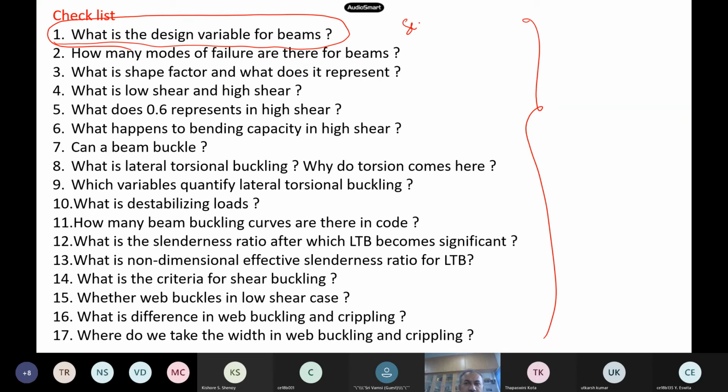Which one are you using in the design? ZP or ZE? Plastic we are using, but ZE also is required actually. Suppose if it is a semi-compact section, then you may have to use ZE.